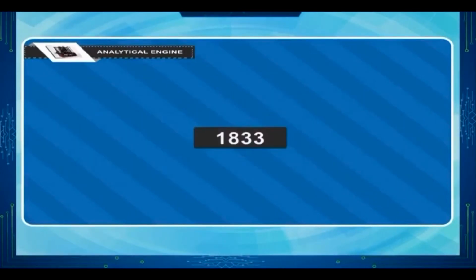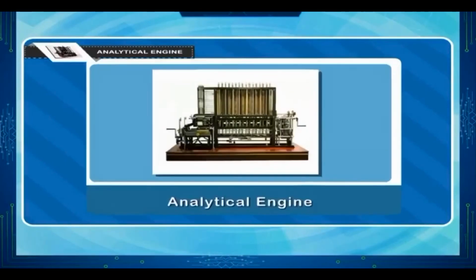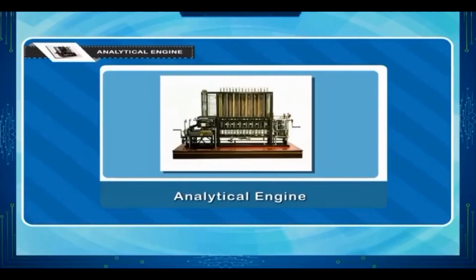In the year 1833, a scientist from England known as Charles Babbage proposed the idea of a mechanical general-purpose computer. This device was called the Analytical Engine and it is widely accepted as the first design of a mechanical computer. It includes many features which are used in today's computer language. This was more useful and versatile than the Difference Engine made by Babbage.